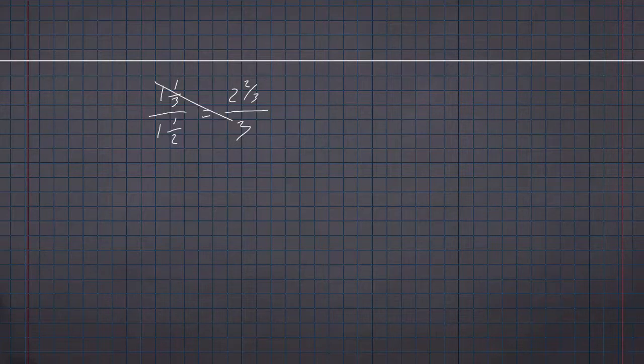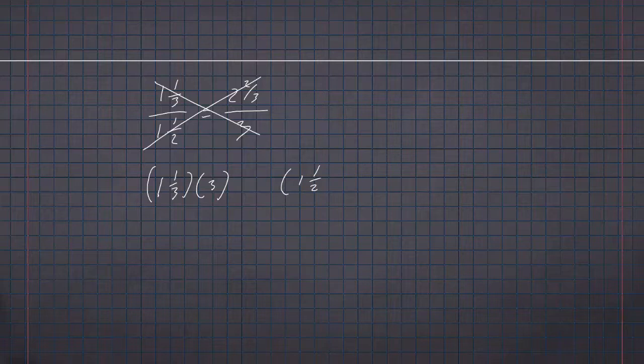Once again, I can look at the cross products. 1 1/3 times 3, and 1 1/2 times 2 2/3. And if these two things are equal to each other, then the proportion that we started with is going to be true.